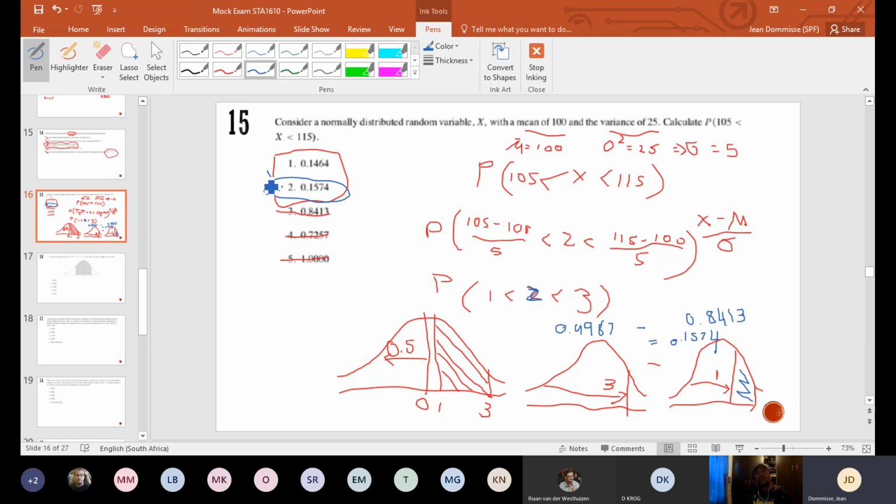Yeah, no easy way to get to that. You basically need to work out the Z value for the 115. You need to work out the Z value for the 105. Need to get the two probabilities of that and subtract the two from one another.